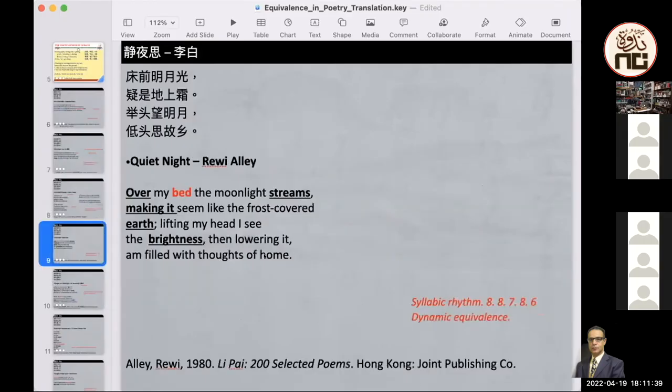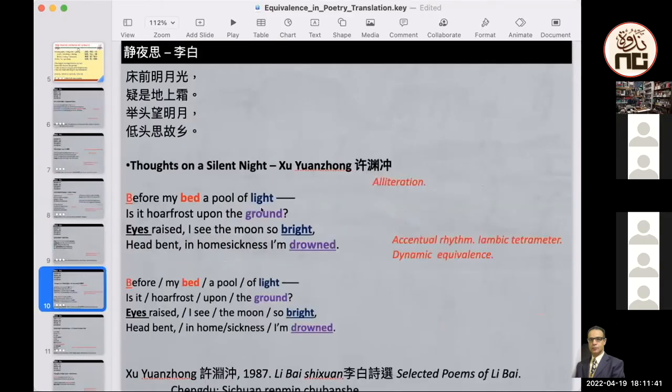Streams, covered, sea, no end rhyme. This is the only one. Light, bright, ground, drowned. So there is rhyme scheme. The rhyme scheme is A, B, A, B. So when we see this structure, we can see that he tried his best to keep the rhyme scheme of the original text.